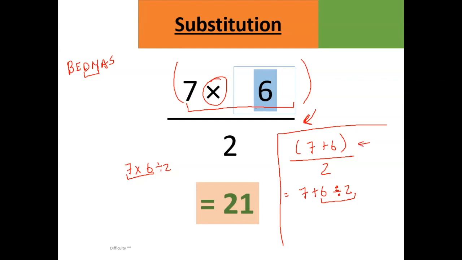But I don't want that. I want it to do my top first. So if I add a bracket around here, it will know to do that because it has to do brackets first. So the answer is 10? Okay, it's going to be 13. So 7 plus 6 is 13 over 2.